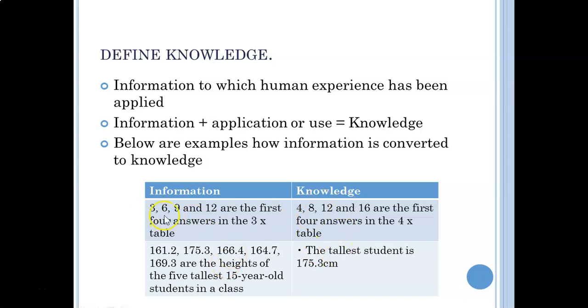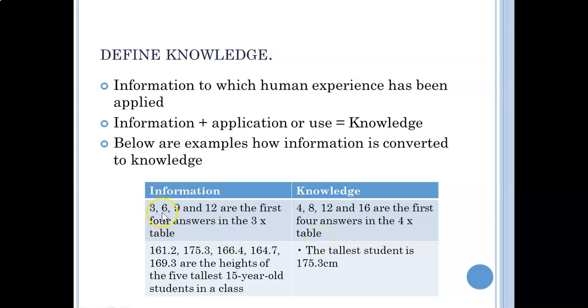So if we are given 3, 6, 9, and 12 are the first 4 answers in the 3 times table, then what we can do, we can use this information and apply it to, let's say, the 4 times table. So we know from looking at these values that 4, 8, 12, and 16 are the first 4 answers in the 4 times table.